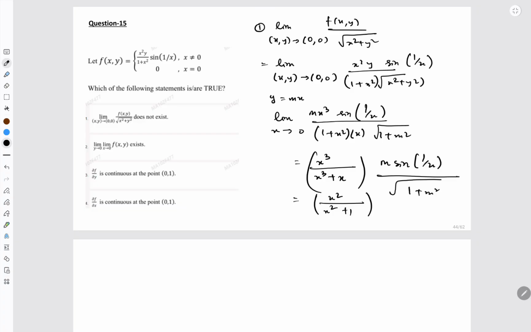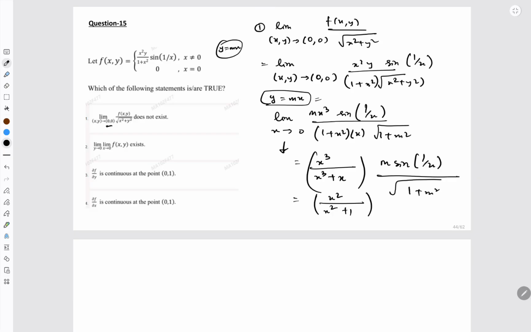To be more correct, because I already told you in one of the questions before, if you are to find the limit at (0,0), y equal to mx is not a foolproof method. The foolproof method is you convert it into polar coordinate format. But I used it because if you do y equal to mx and it comes out that the limit does not exist, then you can eliminate it using this.